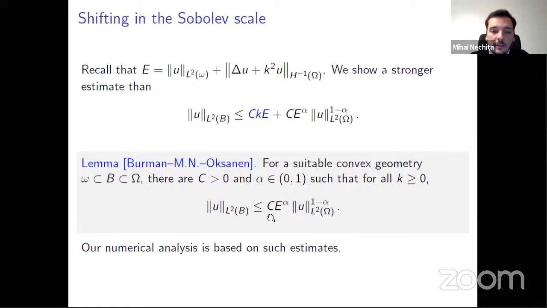So here the constant C, the stability constant, is uniform in terms of the wave number. So this would be a conditional stability estimate that we will make use of later on.